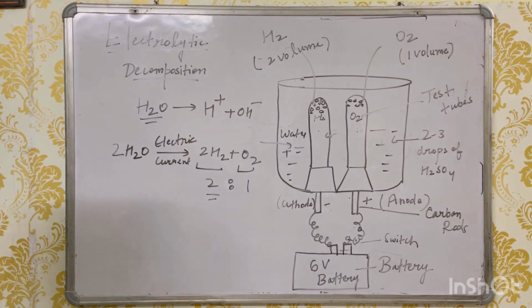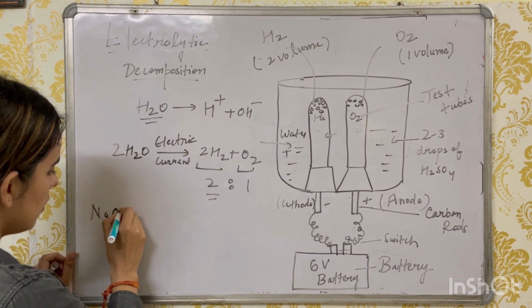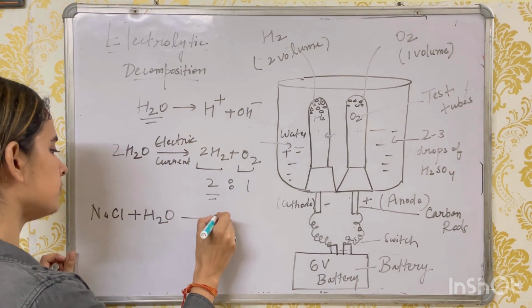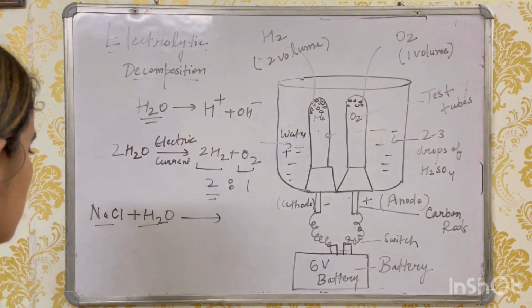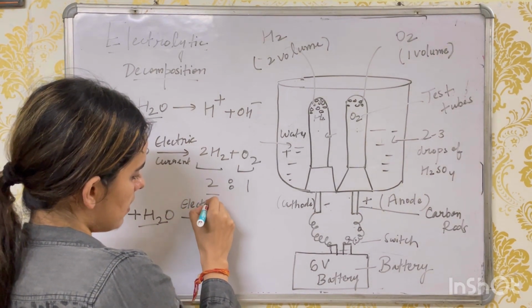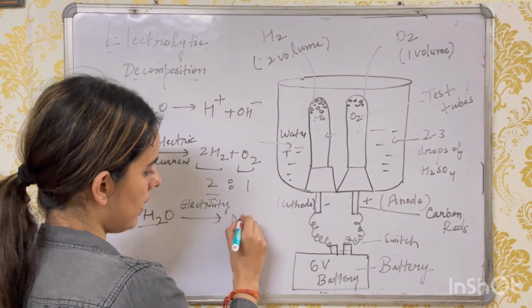There is one more thing. You can also do the reaction if you mix salt with water. When salt combines with water in the presence of electricity, it will form NaOH.